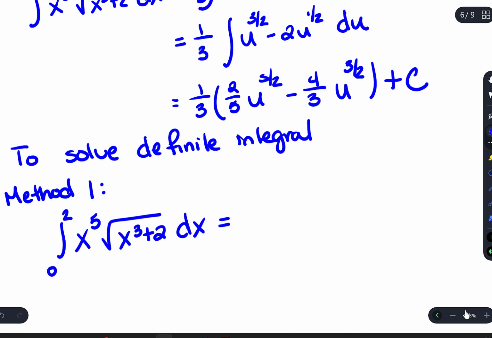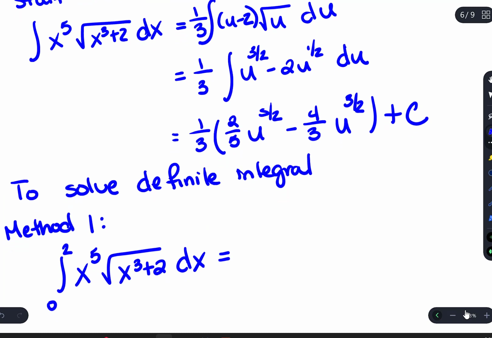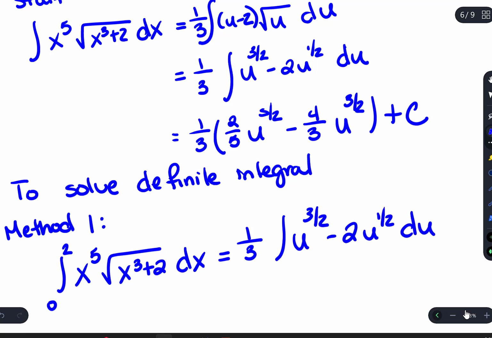And we already know that this is equal to 1/3 times the integral of u to the 3/2 minus 2 u to the 1/2 du, but the piece we need to worry about is what goes at the bottom and the top of the integral. So we evaluate g of x at both 0 and 2.